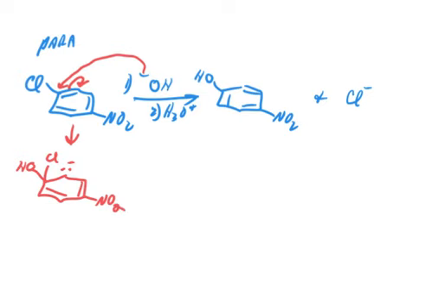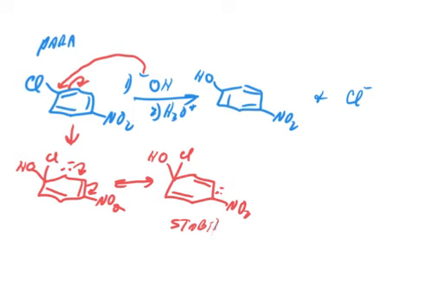So right away with the para, it's not obvious how that electron withdrawing group is helping. But when I draw that first resonance structure, I can see I wind up with the negative charge right next to the electron withdrawing group. And that's the reason why this reaction works. So this is stabilized by the NO2.